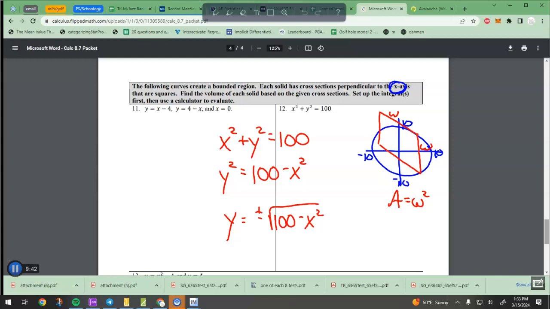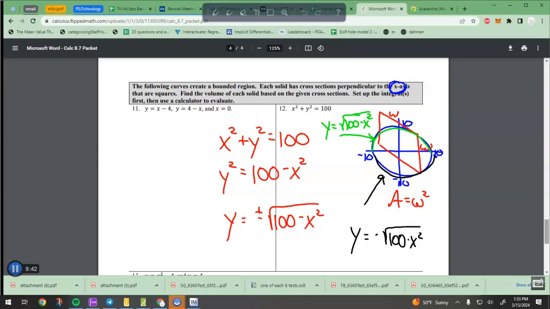This part up here is the positive, and this part down here is where y values are negative. So that's the negative. So see if you can set up the integral. I kind of started a lot of it, but see if you can set up the integral after that.